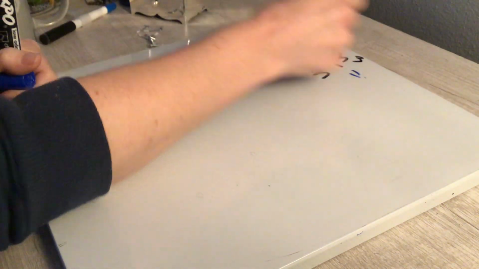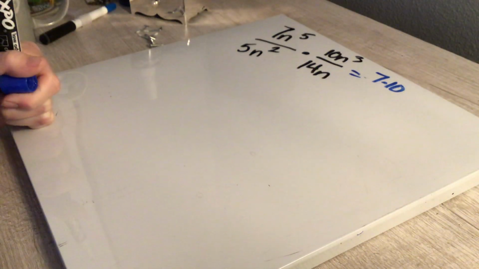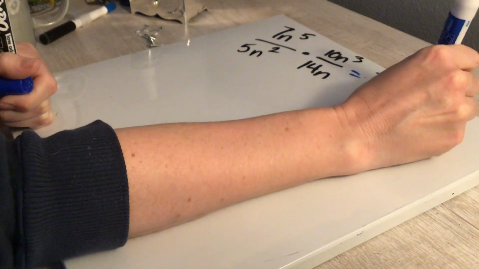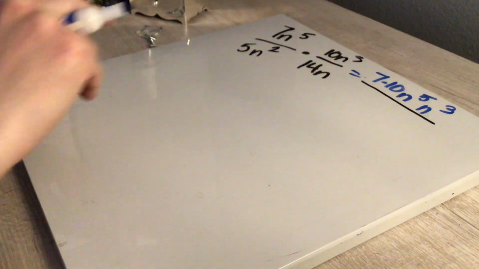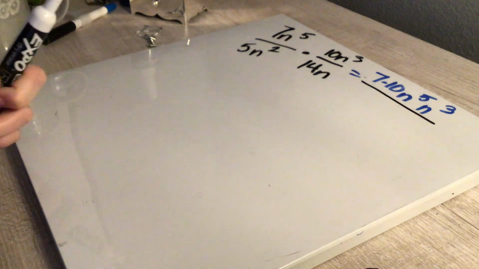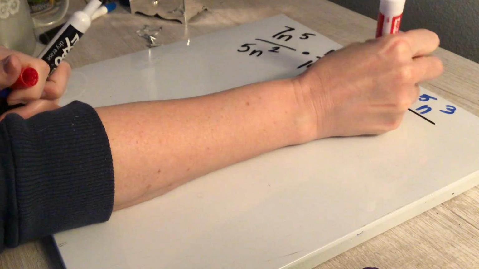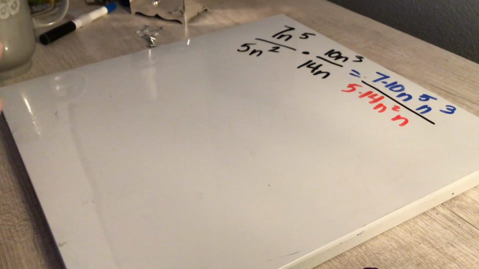So in the numerator, I'm going to put the numbers together. So it's going to be 7 times n, because we can multiply in any order, times n to the 5th times n to the 3rd. Then in the denominator, we're going to do 5 times 14 times n squared times n.